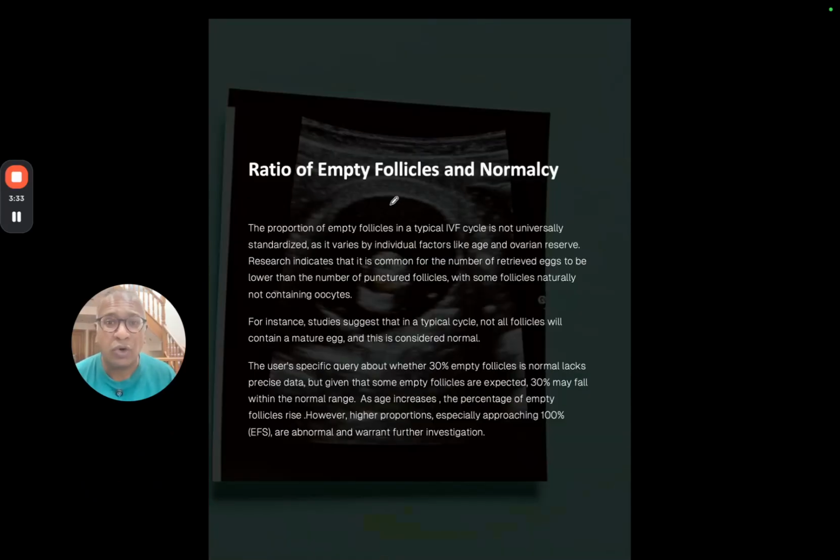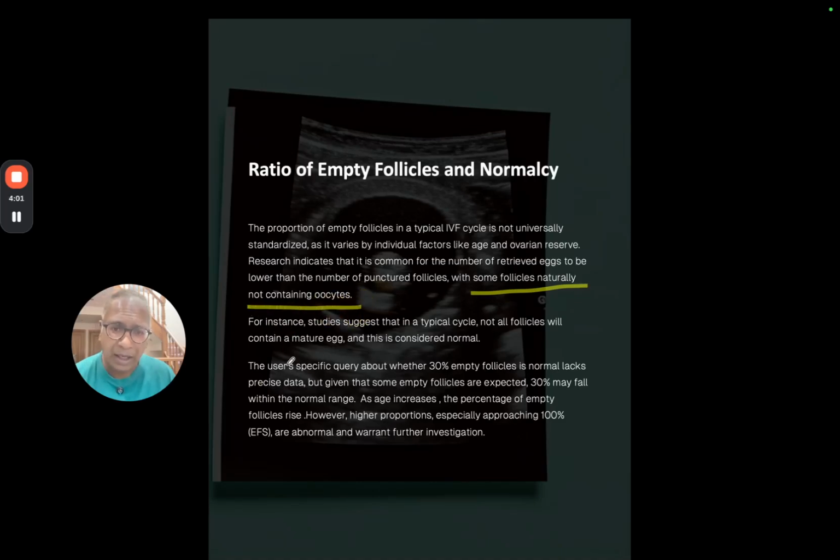So what is the ratio of empty follicles? The proportion of empty follicles in a typical IVF cycle is not universally standardized and varies between individuals, with age and ovarian reserve. Research indicates that it is common for the number of retrieved eggs to be lower than the number of follicles, as some follicles naturally do not contain any eggs.